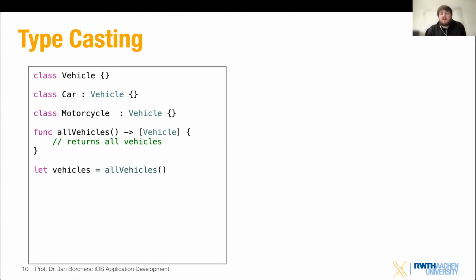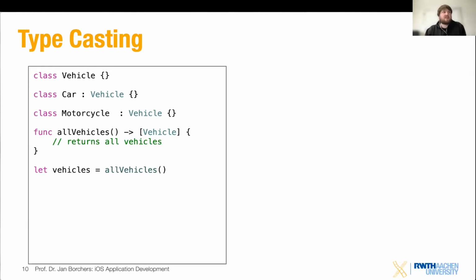And then somewhere in our code, we have a function that returns an array of vehicles. So that function might be used to list up all the vehicles in a car park or company which you can rent or whatever. So that will be a function that gives me back an array of vehicles.